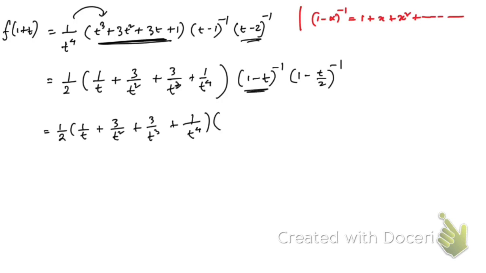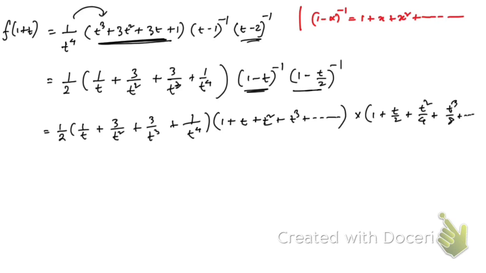So expanding this, what we're going to get, 1 plus t plus t square plus t cube plus dot dot dot so on, and let us expand it. Then you're going to have 1 by 2 times 1 plus t by 2 plus t square by 4 plus t cube by 8 plus dot dot dot so on. That's what we're going to have.